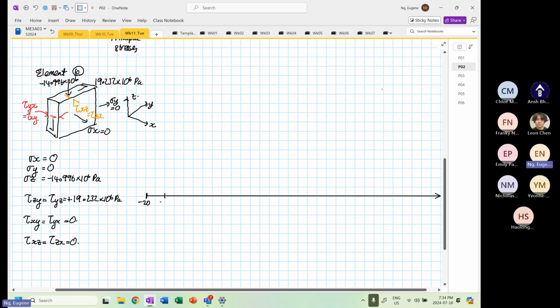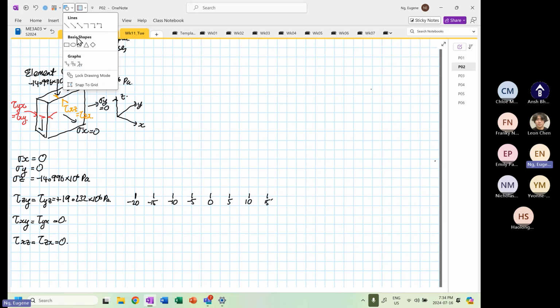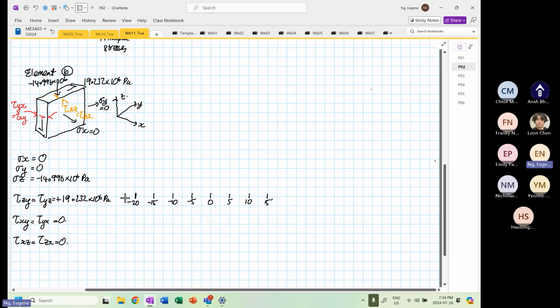Okay, I'll do this minus 15. Okay, not the best scale, but then I'll be fine. If not, the circle might be too big.